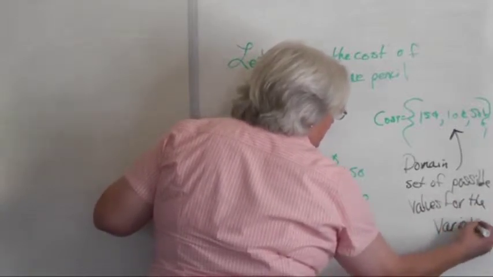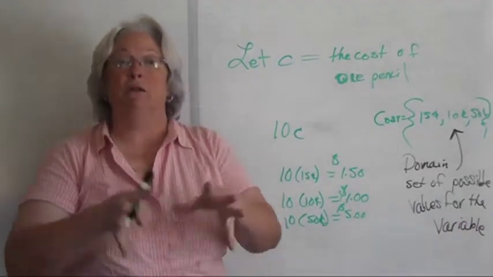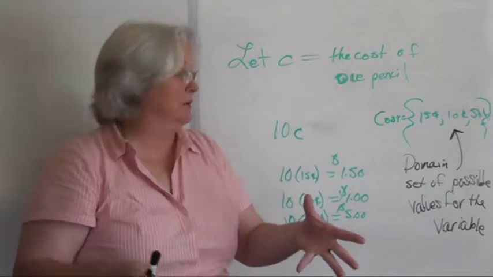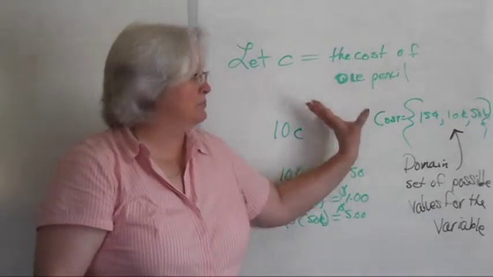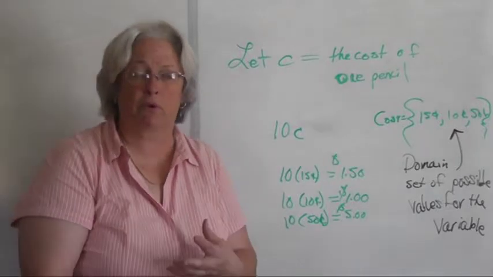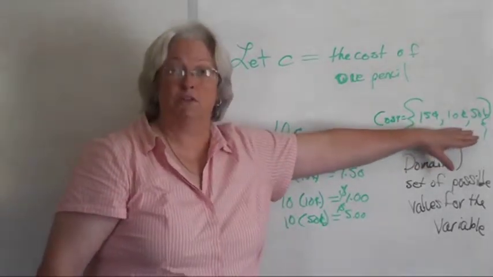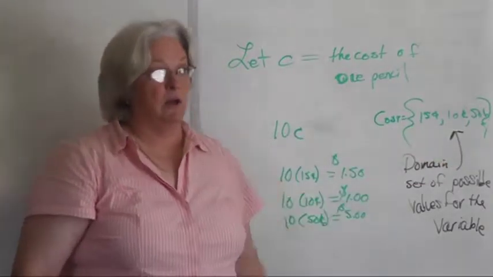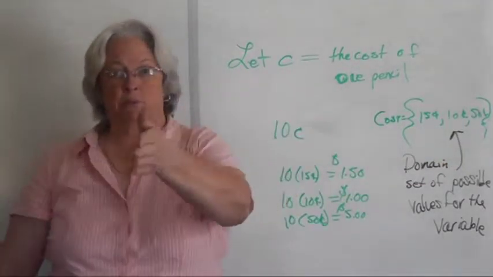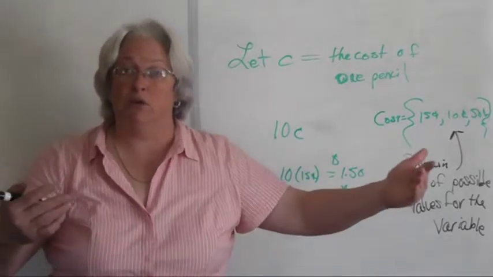Now frequently, there will not be a limit to the possible values. It's just specifically when you're dealing a lot with cost and with purchasing or with colors, things like this, your possible choices are going to be very limited. You can have this meal, this meal, this meal, this meal, this meal. And that's all your choices. You don't have an infinite number of choices.